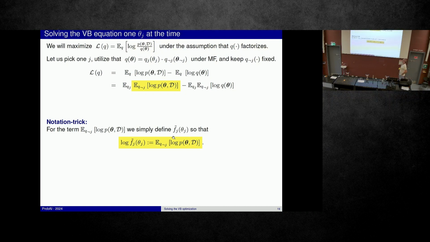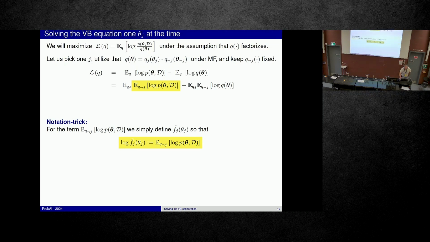I'm not making any assumptions basically here, because this can always be done. Since this is a real number, there is an f that fits. This is a function only of theta j, because I'm doing the expectation operator over all the dimensions except j. So they kind of disappear. The only moving part on the right-hand side is theta j. And now I define the result here through this wiggly f thing.